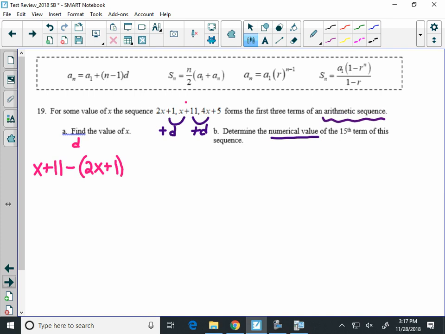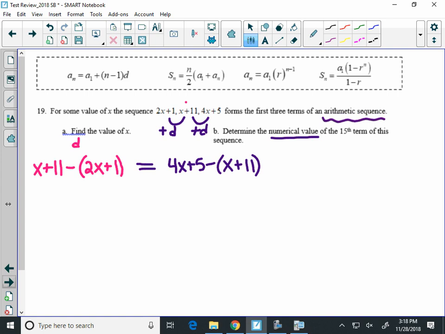So the second minus the first is the common difference. Well, I also know that if I take this 4x plus 5 and subtract the term before it, that also gives me the common difference, right? The difference between two consecutive numbers of an arithmetic sequence is the same. So these differences are equal to each other.